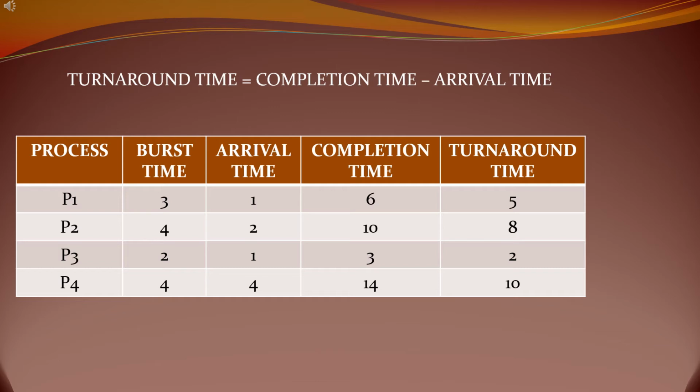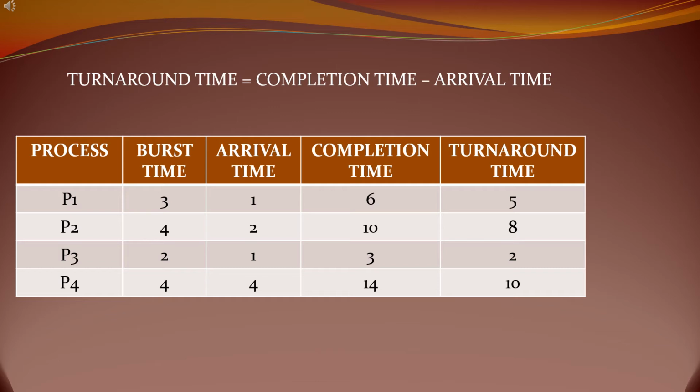For turnaround time, the formula is completion time subtracted by arrival time. So the turnaround time for the process P1 will be 6 minus 1, that is the completion time of P1 subtracted by the arrival time of P1, equal to 6 minus 1 equal to 5.